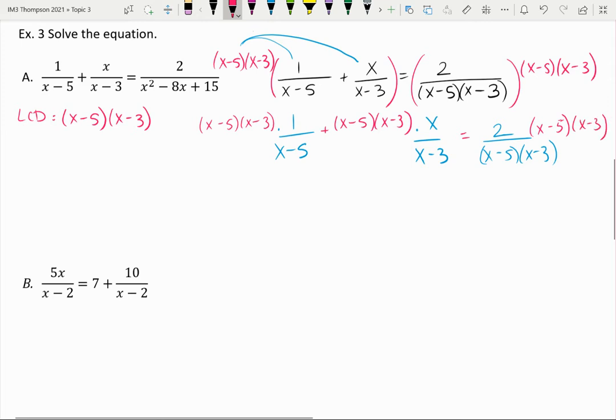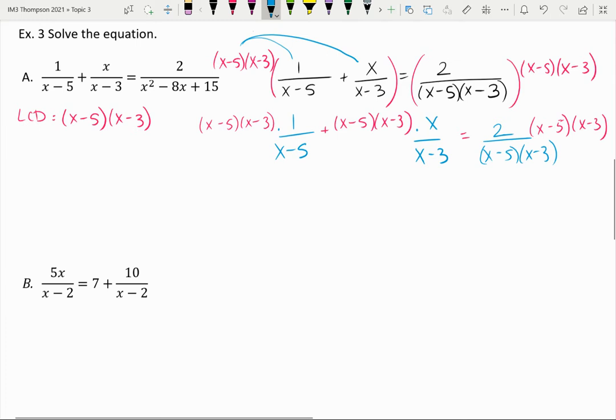It's a lot of writing. But all I've done is I just distributed this LCD, this x minus 5 times x minus 3, to both of these. So I just wrote it twice. A little tedious.